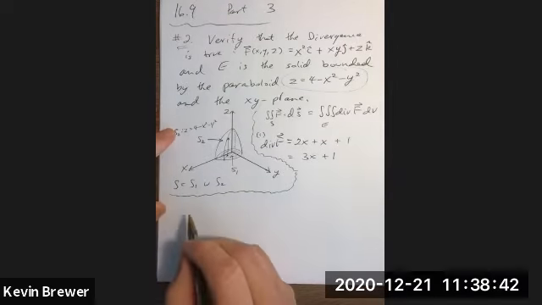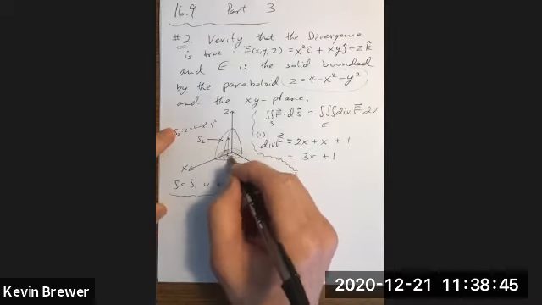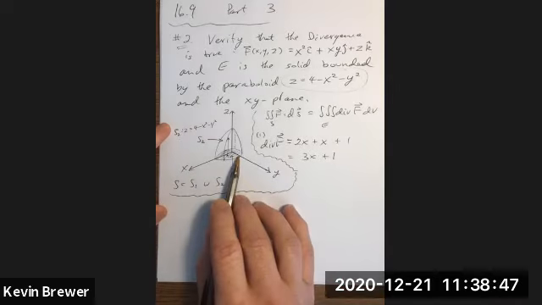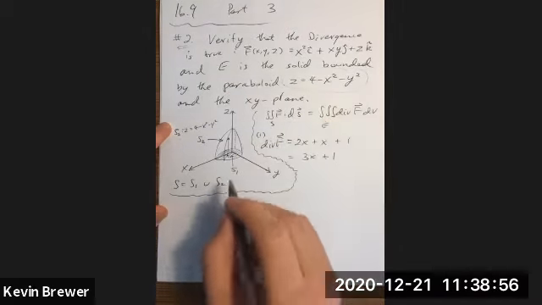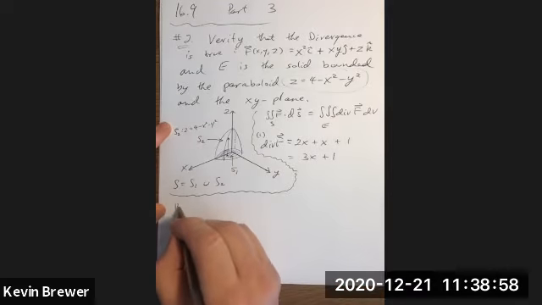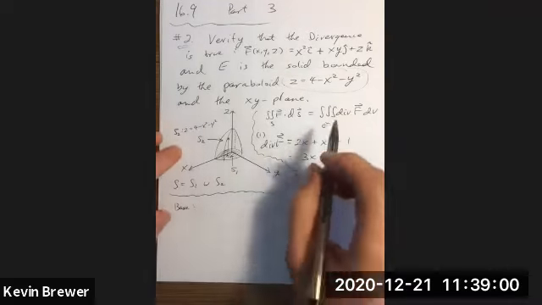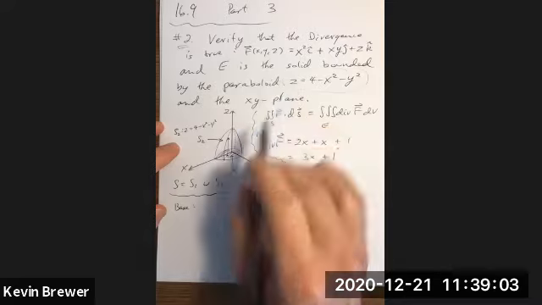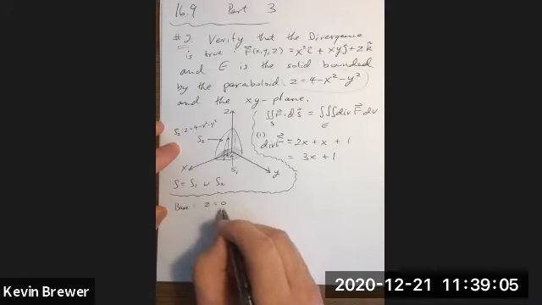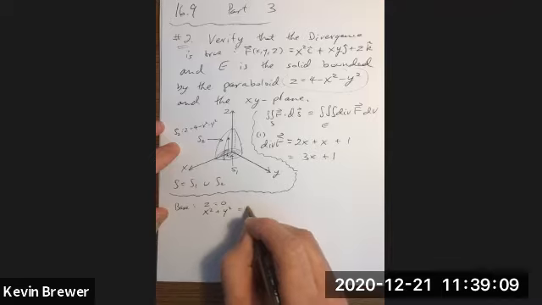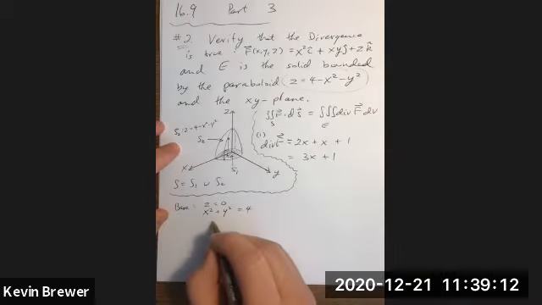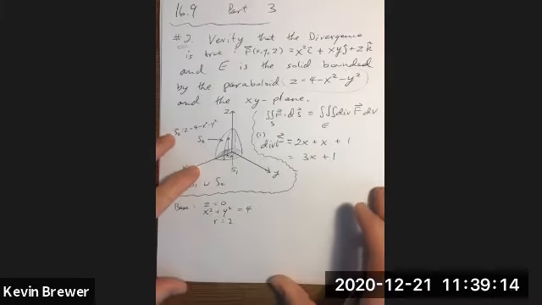Okay, and this is not the unit circle, but if you set z equal to 0, you get x squared plus y squared equal to 4. So that's r equals 2.